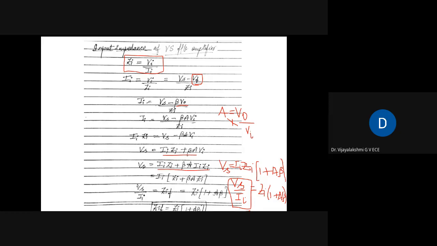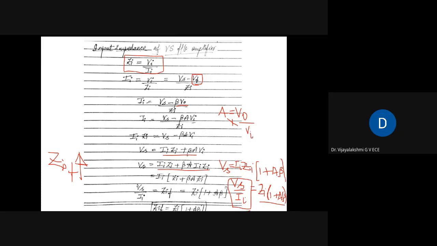Now, finally, I got Zif is equal to Zi into 1 plus A beta. Means the input impedance is improved by a factor of 1 plus A beta. So I can say Zif is increased, because it is Zi into 1 plus A beta.